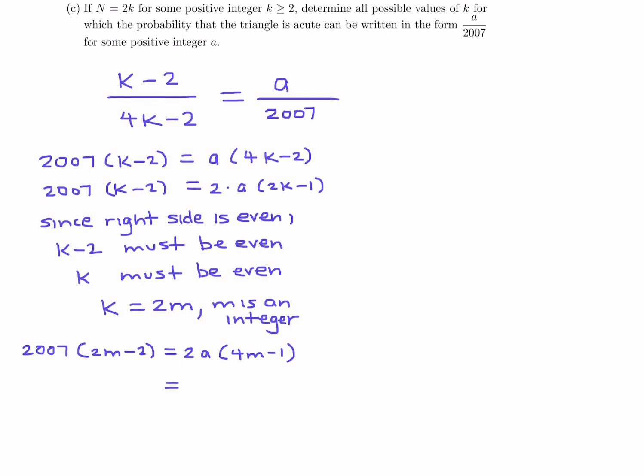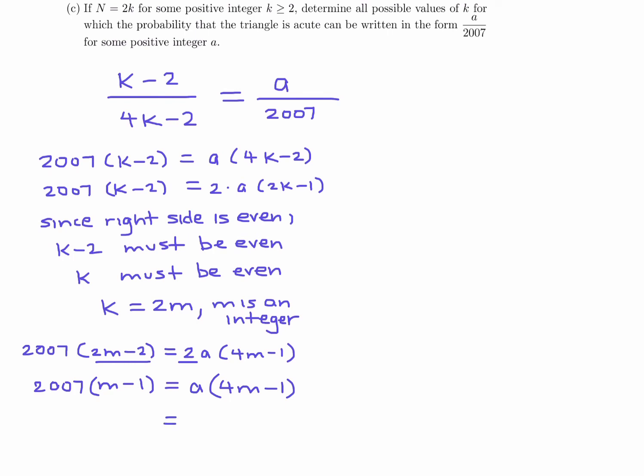And this, you can factor out a 2, and when you do, you just get m minus 1, and then that 2, when you factor it out, it'll cancel with that 2. So you're just left with this at the end. This is our equation. All right?